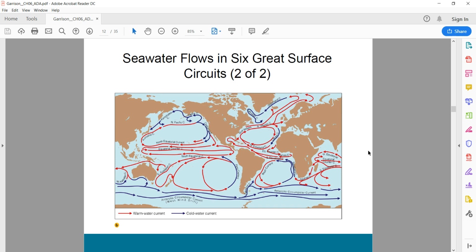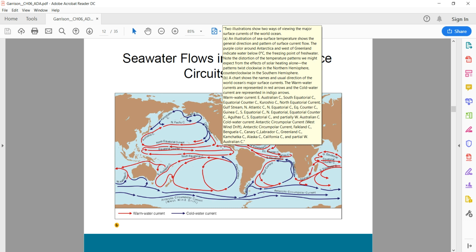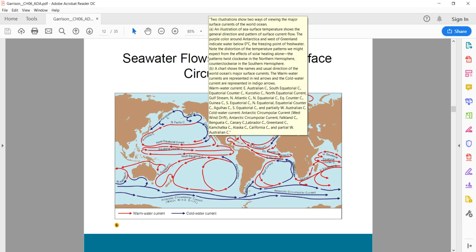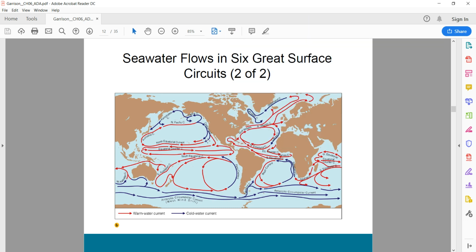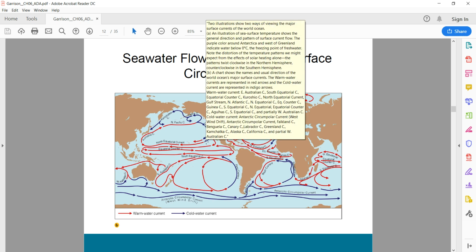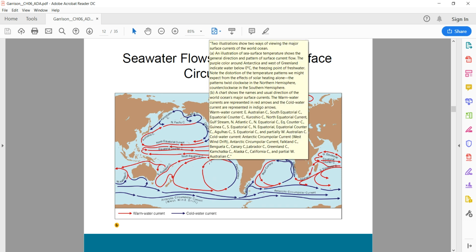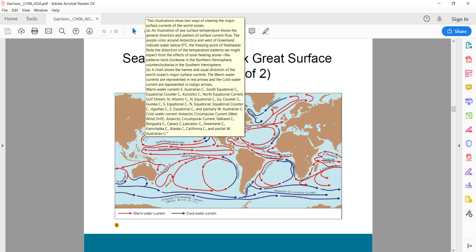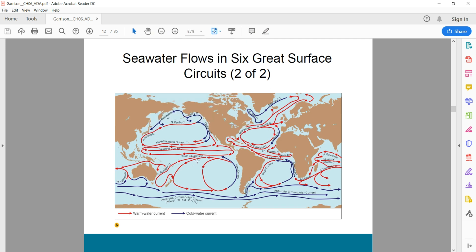The western boundary currents are faster in their velocity, they are narrower, and they go much deeper in the ocean, whereas the eastern boundary currents are relatively slower in their movement. They are wider, and they are not very well defined in their boundaries. They are pretty wide in their channel, and they are relatively shallow compared to the western boundary currents.